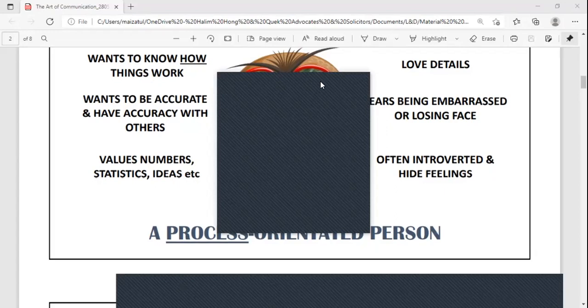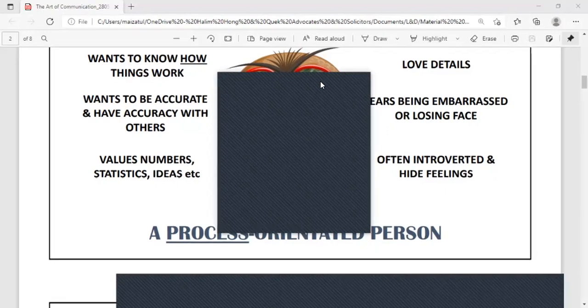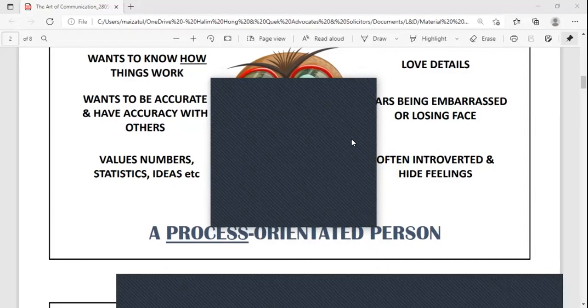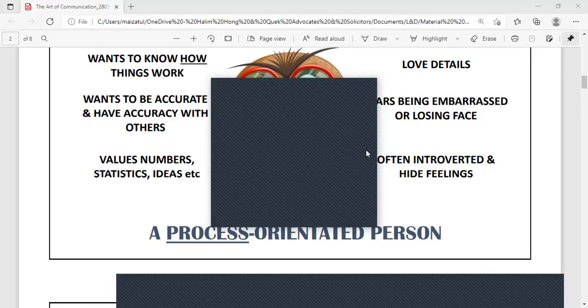Thank you, Alicia, for sharing. Thank you also for sharing as well. Do others want to share your primary style? Zihan, want to share your primary style?